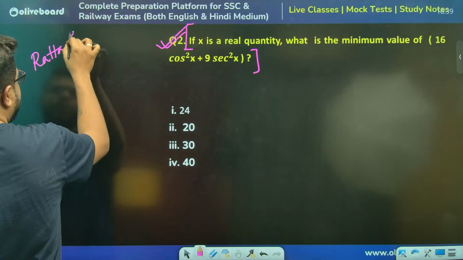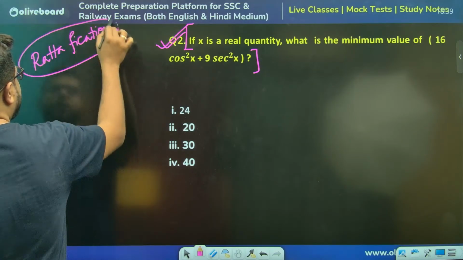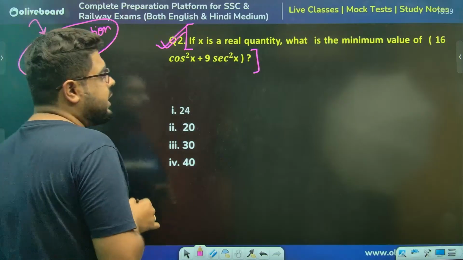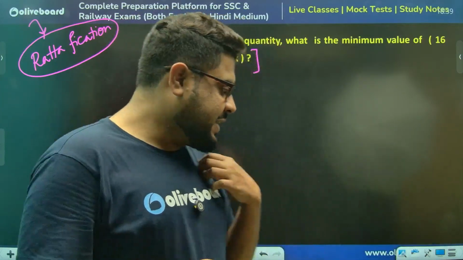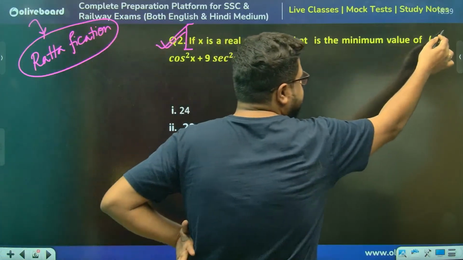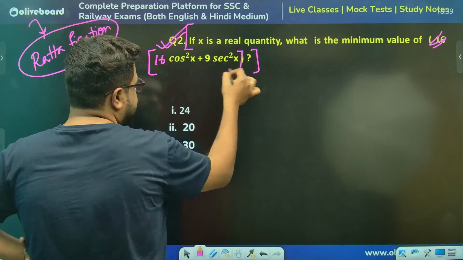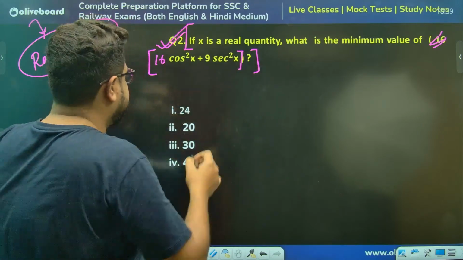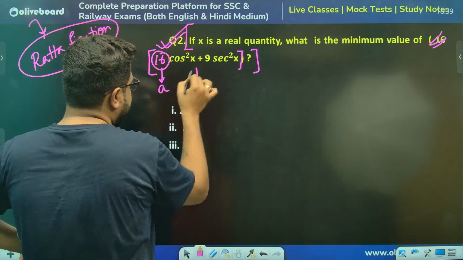I've taken a class separately on maxima minima in the foundation batch. So I told you, if you have something like this, 16, I'm writing here, it will be better for everyone to understand.